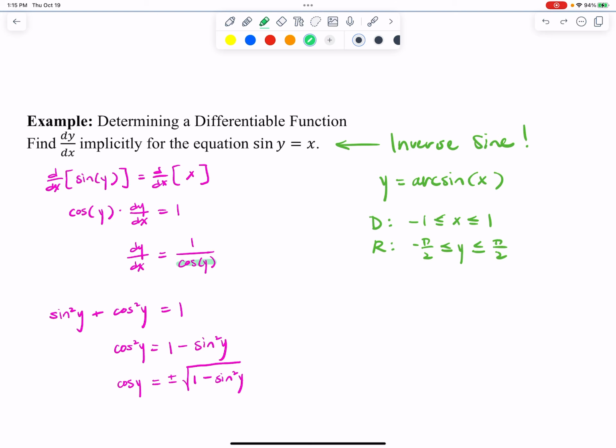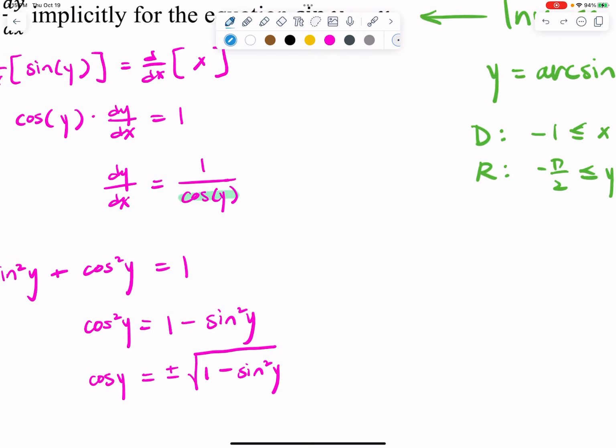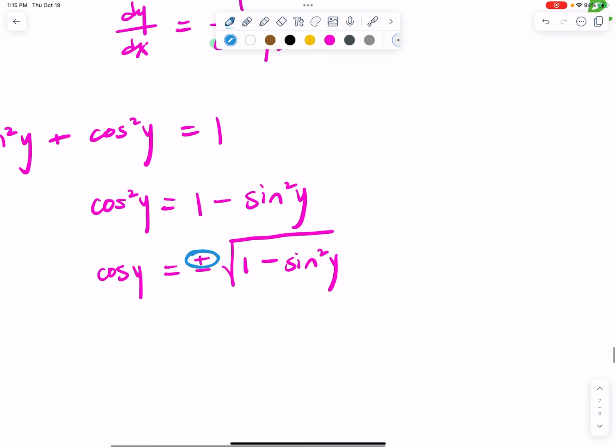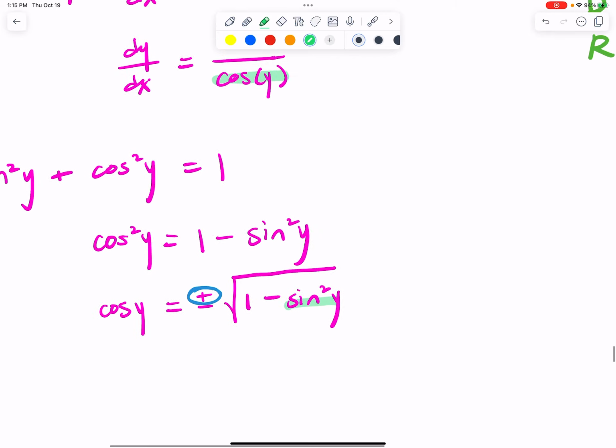The negative angles terminate in quadrant 4, and the positive angles terminate in quadrant 1. So this statement is actually only true for the positive square root of 1 minus sine squared of y.